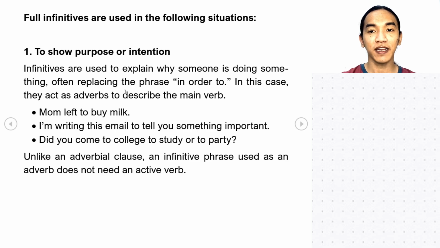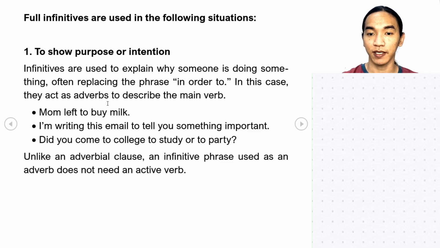Full infinitives are used in the following situations. The first one, to show purpose or intention. We use full infinitives to explain why someone is doing something, often replacing the phrase in order to. In this case, they act as adverbs to describe the main verb. Example here: Mom left to buy milk.